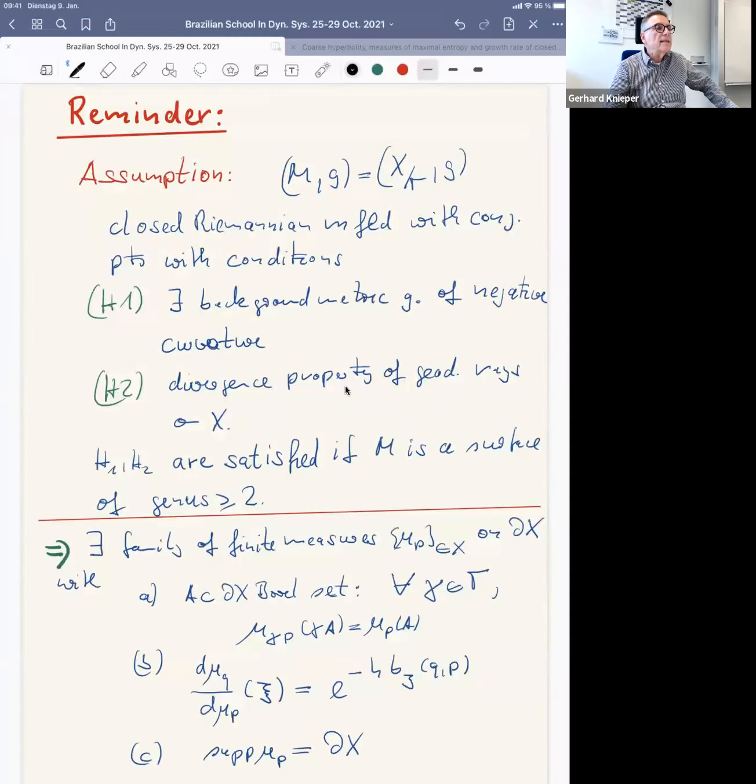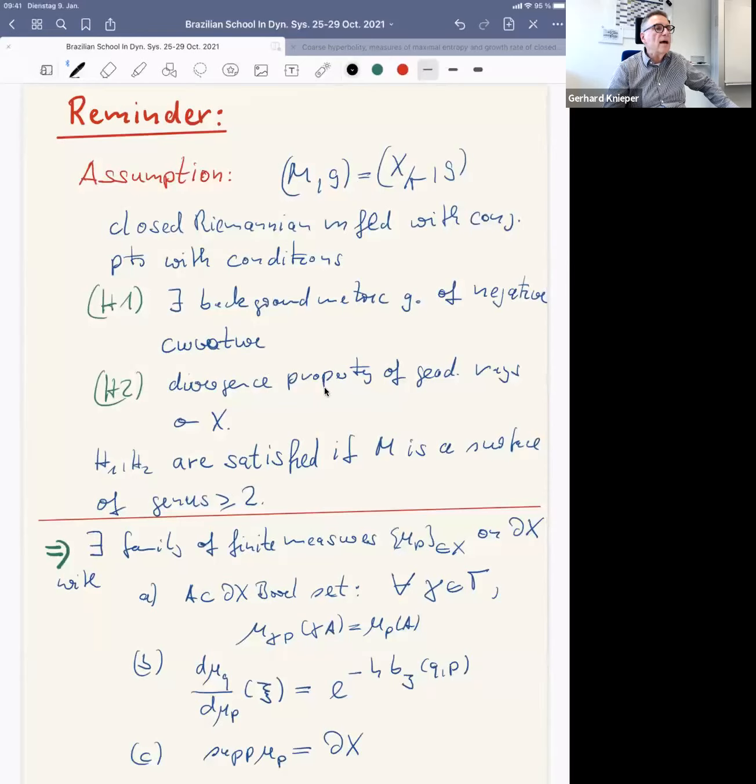Then comes the second condition, which I'm not sure one really needs, but for convenience we introduced it. If I lift the metric to the universal cover, I can also talk about geodesics there. You look at two geodesic rays initiating from a common point, and if they are not the same, then they diverge. That is the second condition. These conditions are kind of natural.